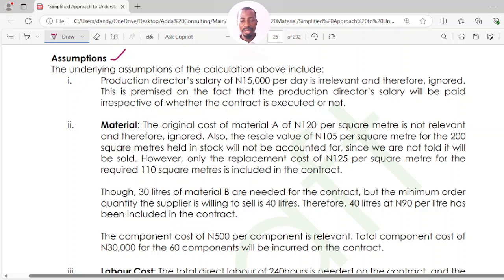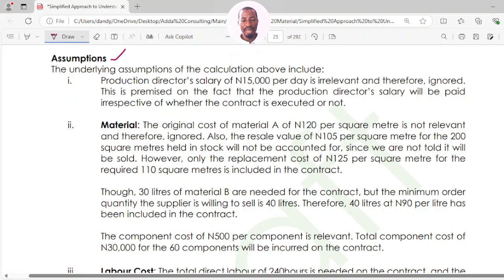Then for material B, though 30 liters of material B are needed for the contract, the minimum order quantity the supplier is willing to sell is 40 liters, meaning that 40 liters at 90 naira per liter has been included in the contract.